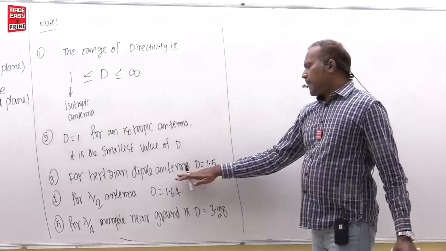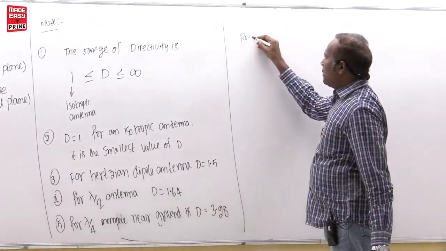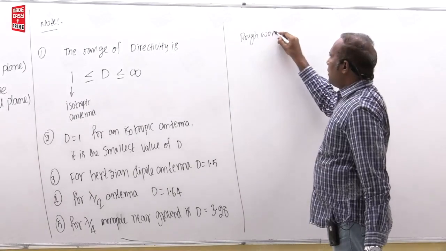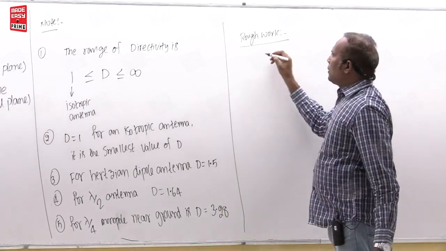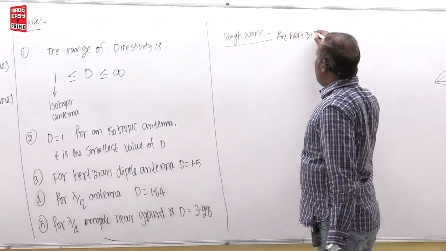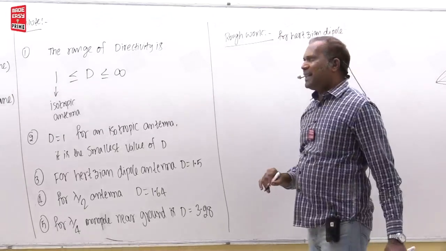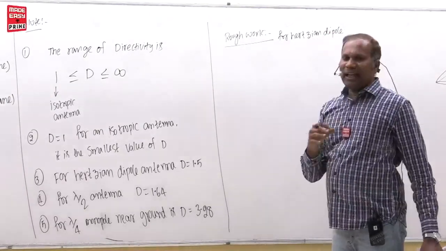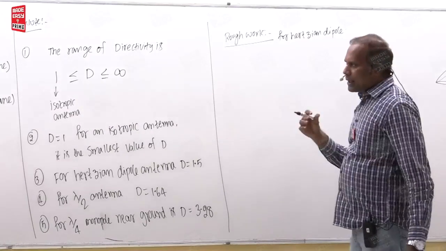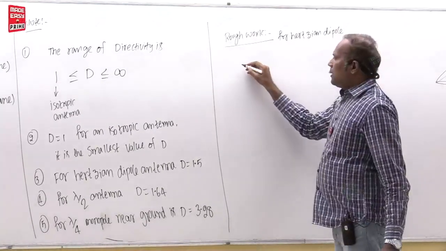If you want, I will tell you for this. For example, rough work I am doing. Rough work, student. I told you to remember for Hertzian dipole, you should not do unnecessary derivations. You will be losing interest in the subject. So what is required for the exam, you have to see. Rough work for Hertzian dipole, no?